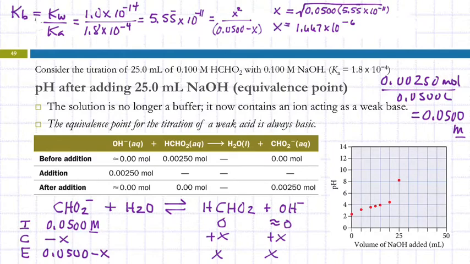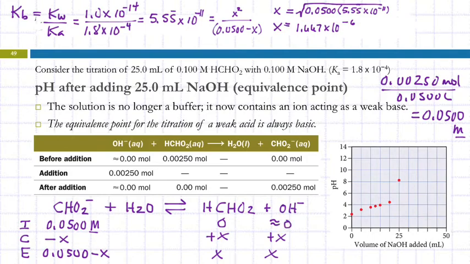So I've been doing all this lovely calculating, and wait, what was I trying to figure out? pH. So I found x. What does x represent? It represents a hydroxide ion concentration.